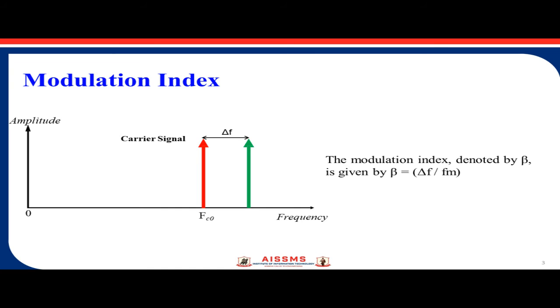A deviation of plus 15 kHz means that the carrier is currently 15 kHz above the original carrier frequency, that is Fc. The modulation index in the case of FM is denoted by beta, and it can be given by the formula delta F by Fm.